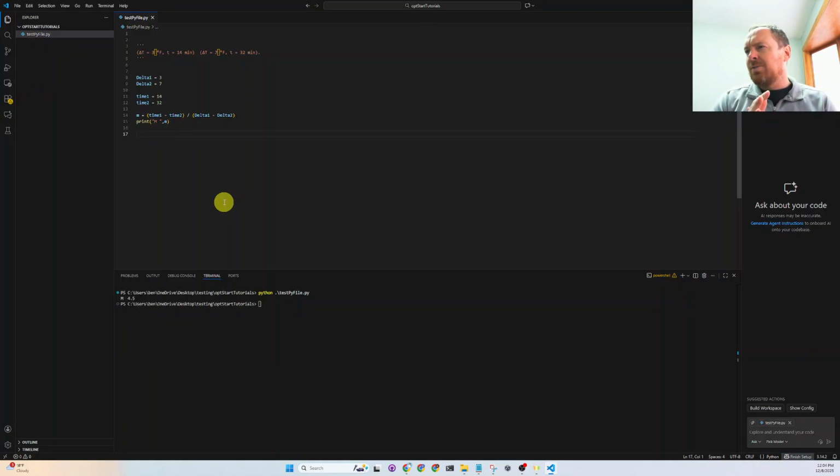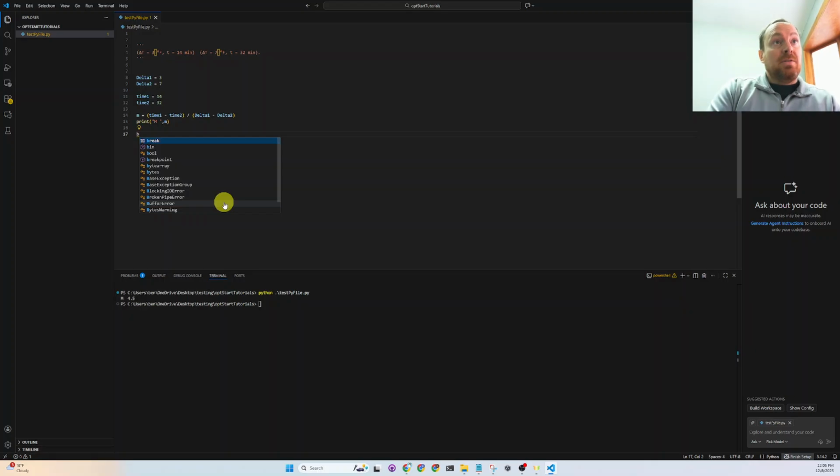So the next thing we need to do is compute our intercept, which is b. So this kind of incorporates the lag, I think, in the model. So let's do b equals, so I think we can just pick one of the data points here. Let's do time 1.